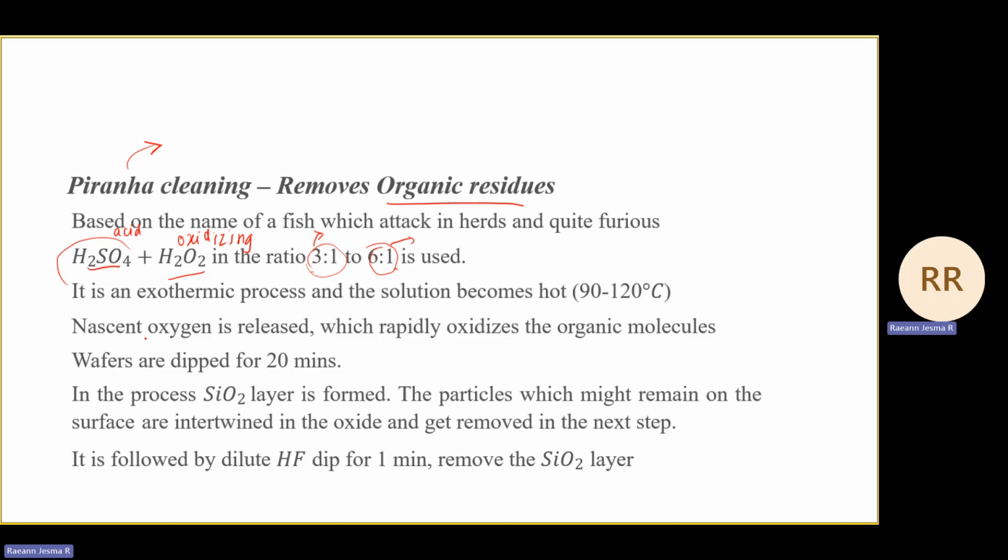Nascent oxygen is released, which will oxidize the organic molecules, and then the organic molecules get removed. Also in this process, some SiO2 layer is formed. In order to remove the SiO2 layer formed during this cleaning, we do an additional dilute HF dip for 1 minute.